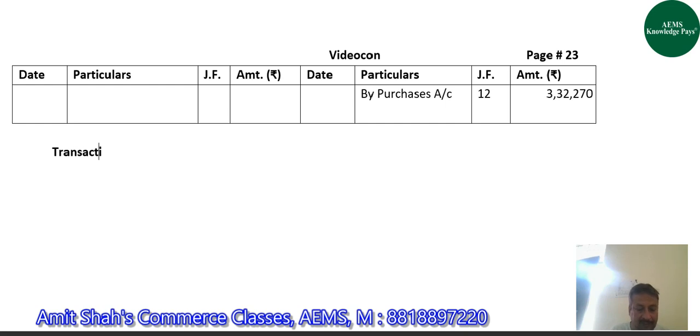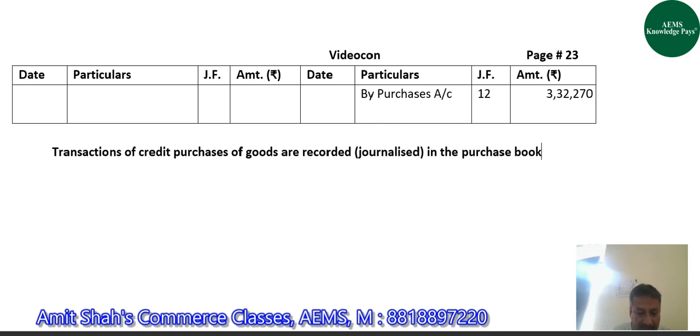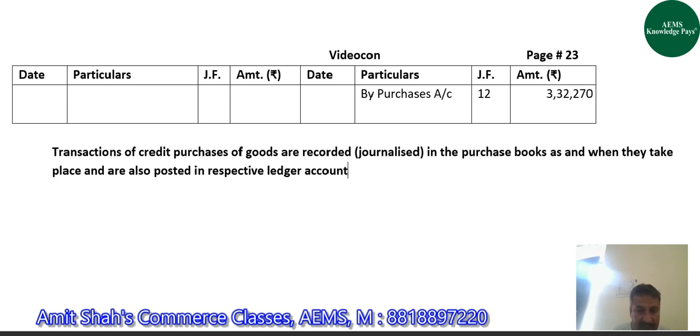So, guys, transactions of credit purchases of goods are recorded, that is journalized, in the purchase book as and when they take place, and are also posted in respective ledger accounts, right?